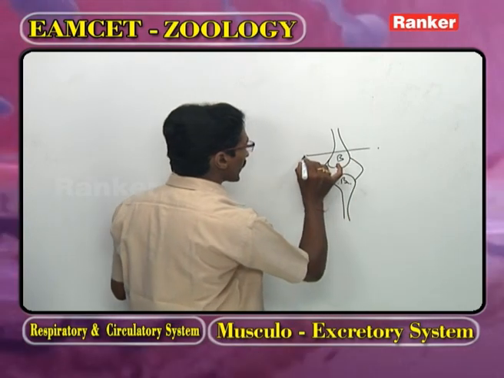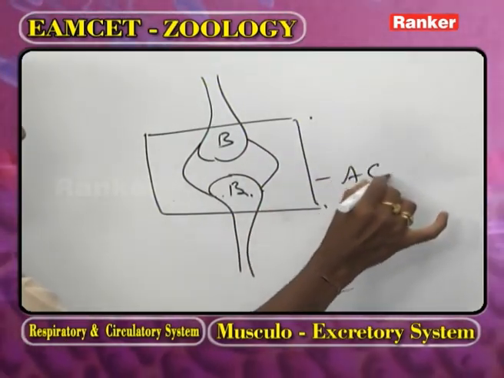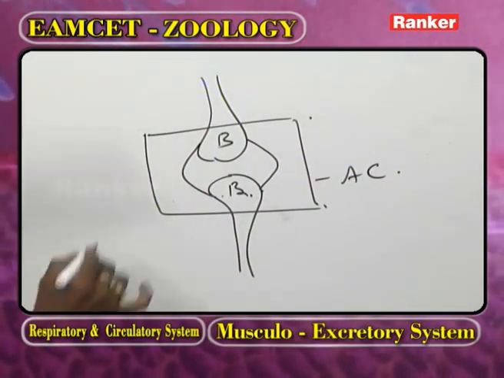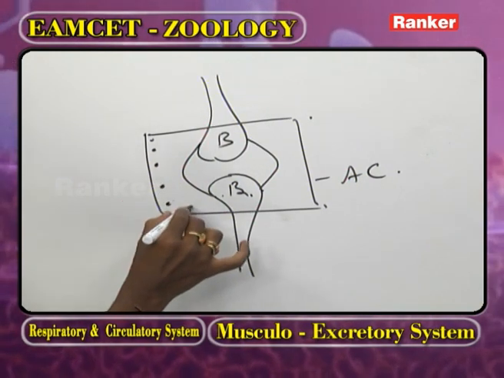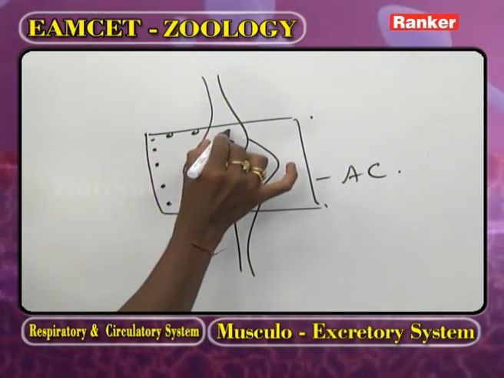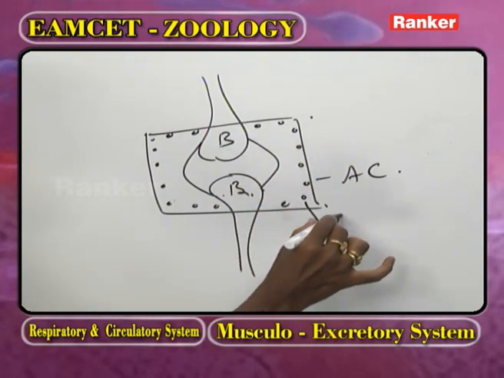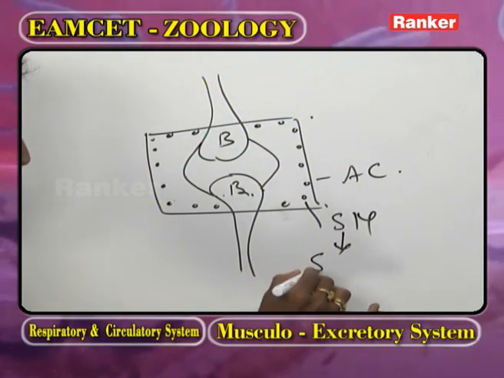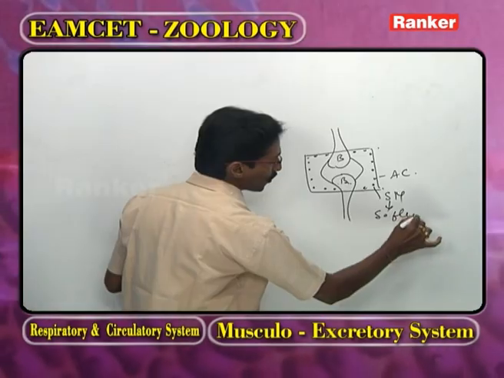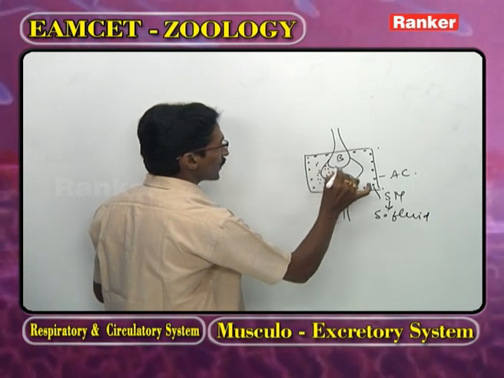Now this entire joint is present in an articular capsule. The articular capsule is lined inside by the synovial membrane. The synovial membrane secretes synovial fluid.